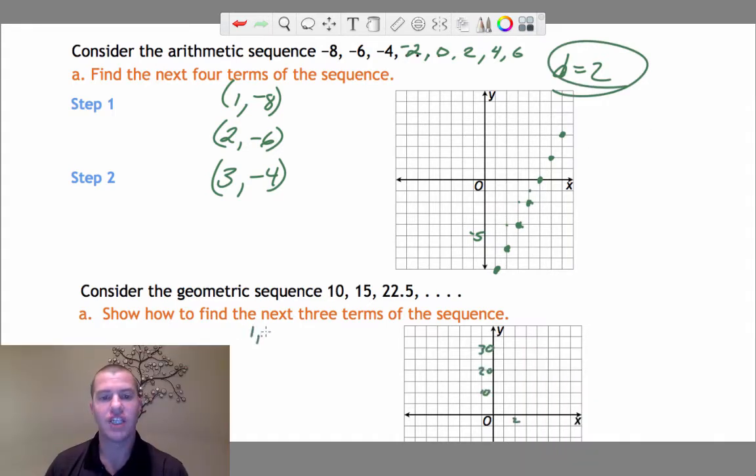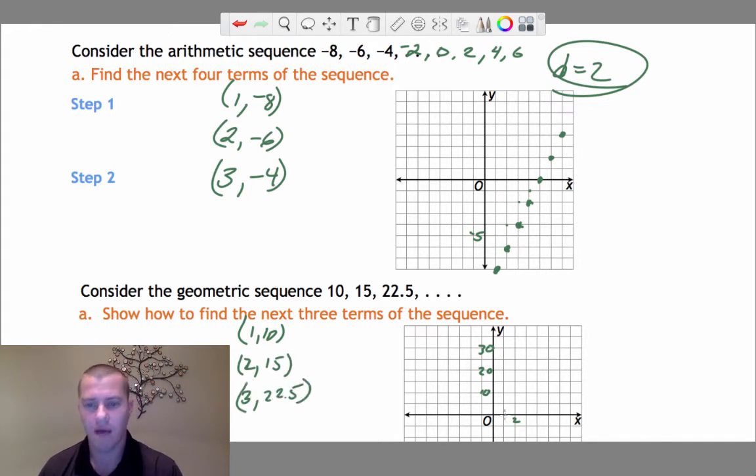So for a geometric sequence, I have the points (1, 10), (2, 15), and (3, 22.5).